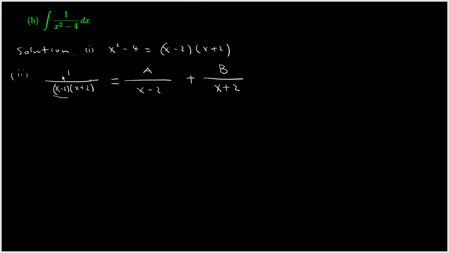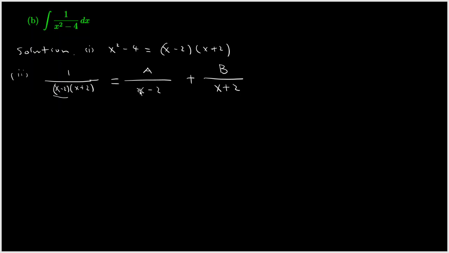I want to repeat the idea I mentioned earlier. For the integral, we want to integrate the left-hand side. As long as we can determine the numbers, the two terms on the right-hand side are easy to integrate. You see that? We're going to complete the solution soon, but that's the idea.